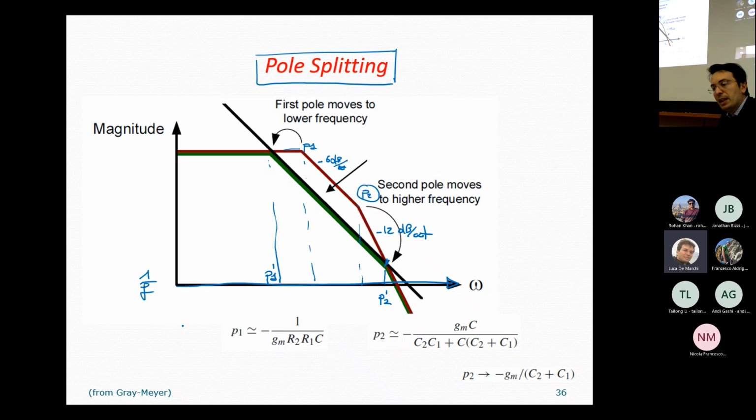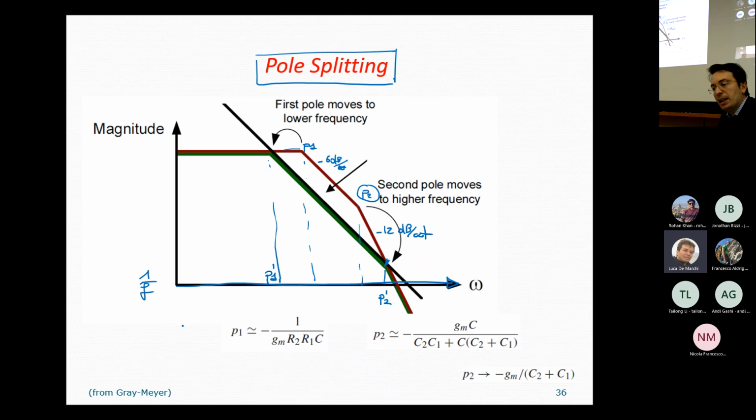So at this point, we hit the first pole, then we lose minus 6 dB per octave. Then at this point, we hit the second pole, where you see this point here, where we start losing minus 12 dB per octave. And at very high frequencies, we hit the zero position. Okay, so this is the red curve case.